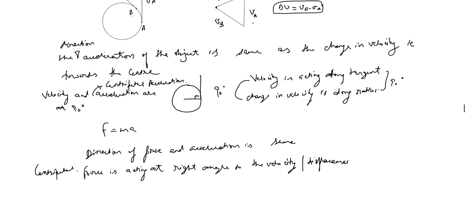Is it fine? What do you mean by that? If a particle is moving in a circular path and I ask what is the direction of displacement at this point A, the displacement is tangential, velocity is also tangential. So force is acting at right angle to the displacement.